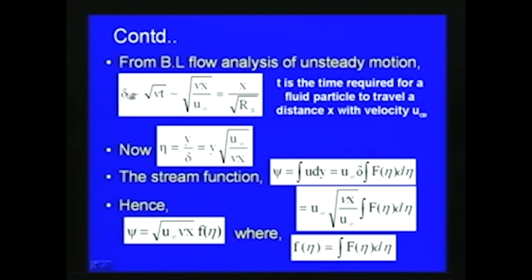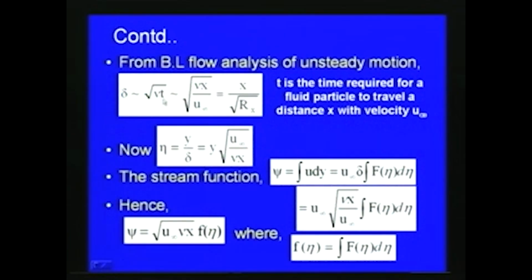So delta is proportional to square root of nu x by u infinity, or we can write delta is equal to x by square root of Rx, where Rx is the Reynolds number at that particular location.